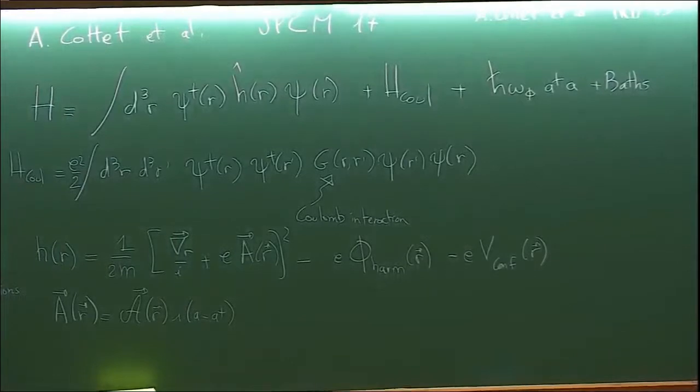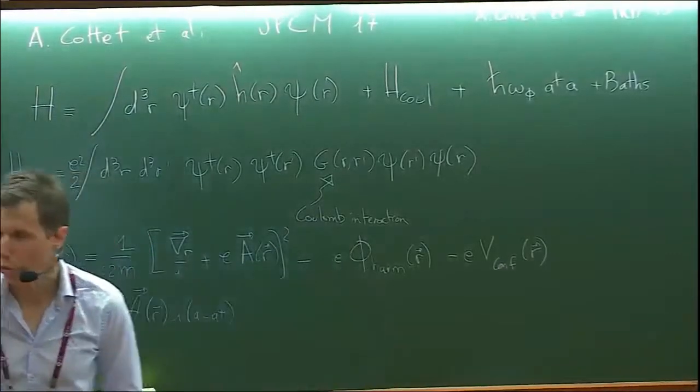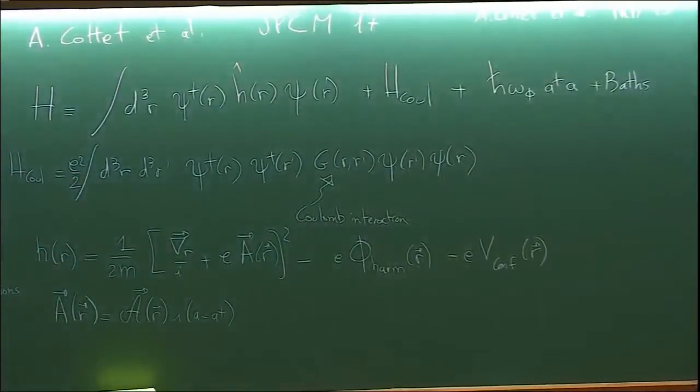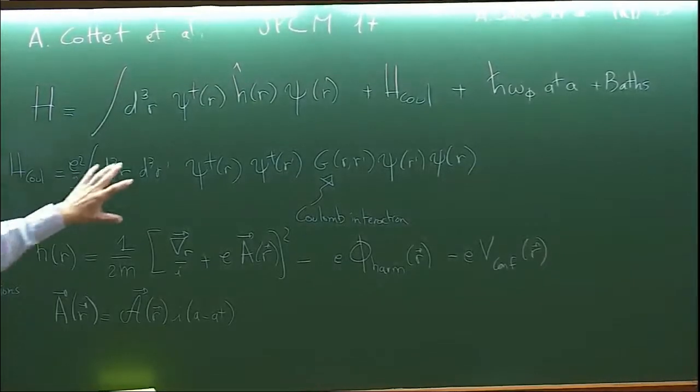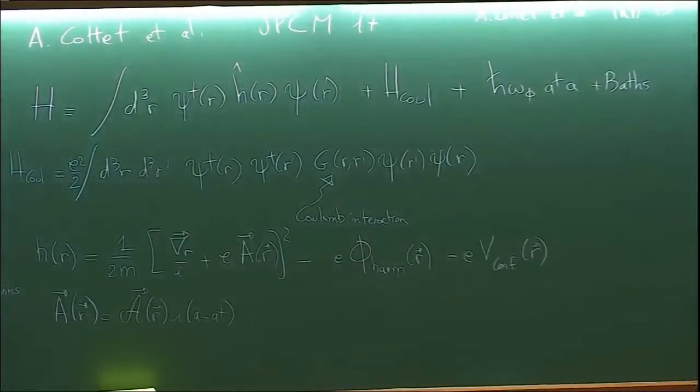Okay. Sorry? It's essentially just a scalar potential, an additional static part, which comes from the fact that there are some modes. Usually, when you quantize the electromagnetic field, you divide into transverse and longitudinal modes.